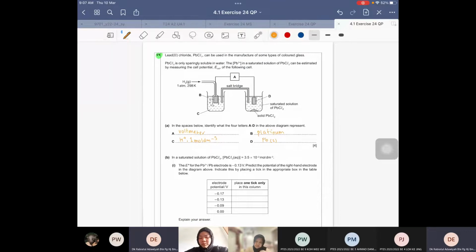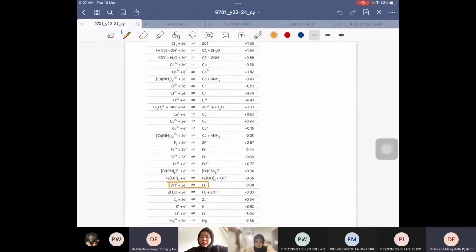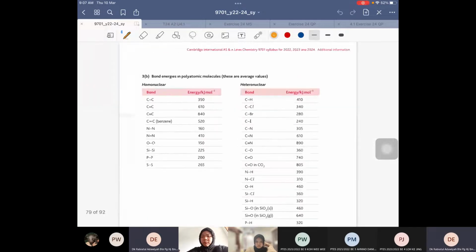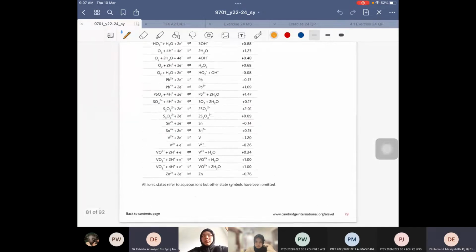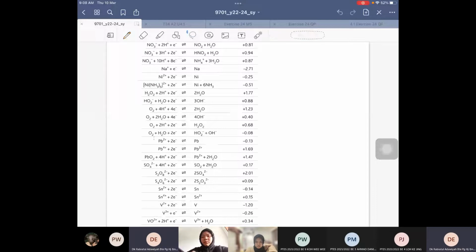The E note for Pb2 plus Pb electrode is 0.13 volts. So I like to refer to the half cell equation. So I should be looking at this Pb to Pb2 plus.